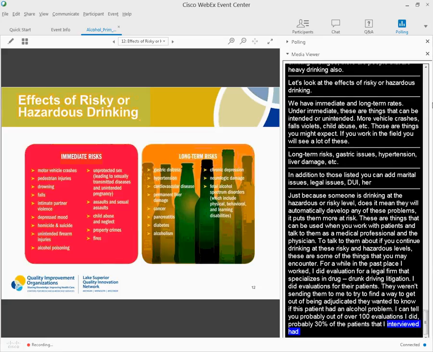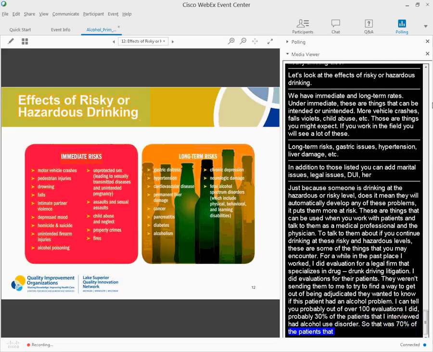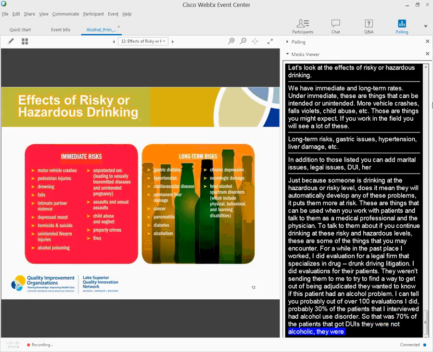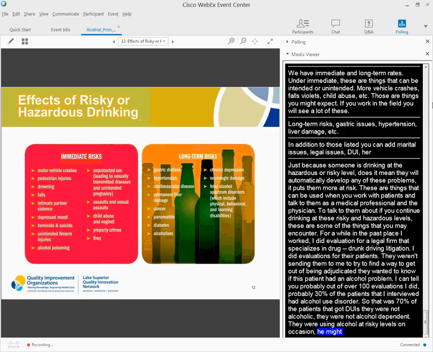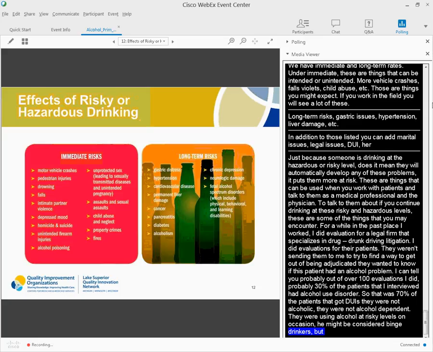So that left about 70% of the patients that got DUIs who weren't alcoholic, weren't alcohol dependent, and didn't have an alcohol use disorder. They were using alcohol at risky and hazardous levels on occasion. They might be considered, quote unquote, binge drinkers. But they weren't people that you would necessarily refer into an outpatient clinic for treatment.